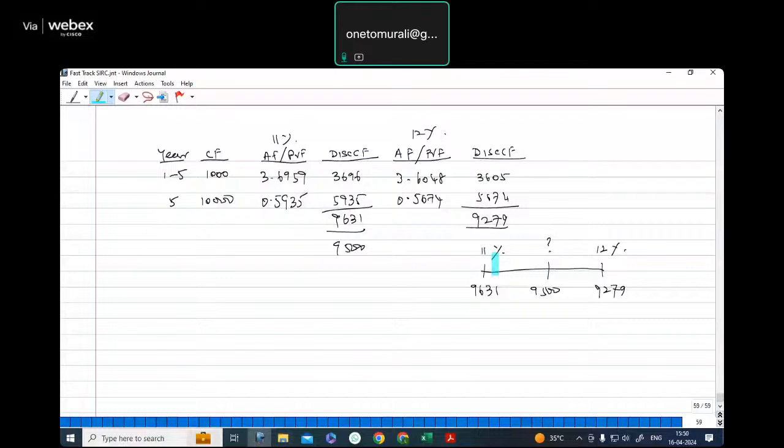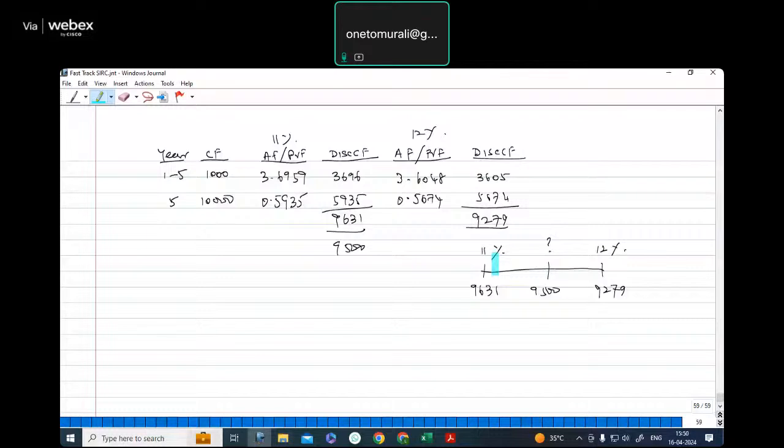So opening outstanding, then interest expense, cash flow, closing outstanding. $9,500, interest calculated at the rate of 11.37%.